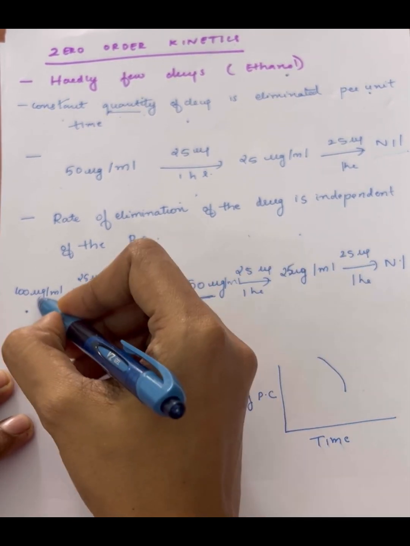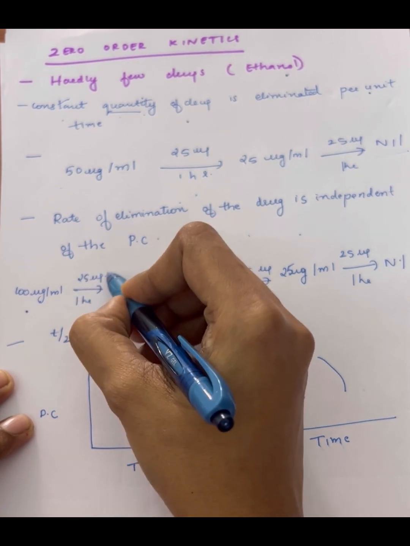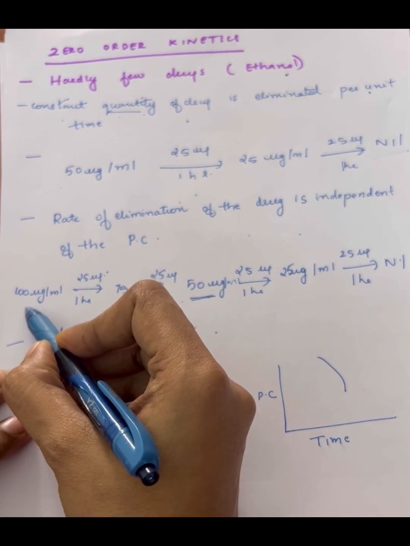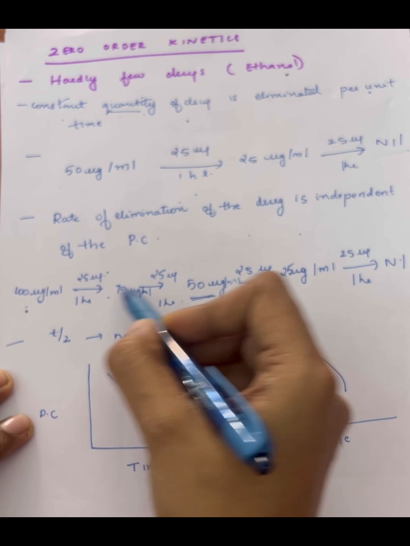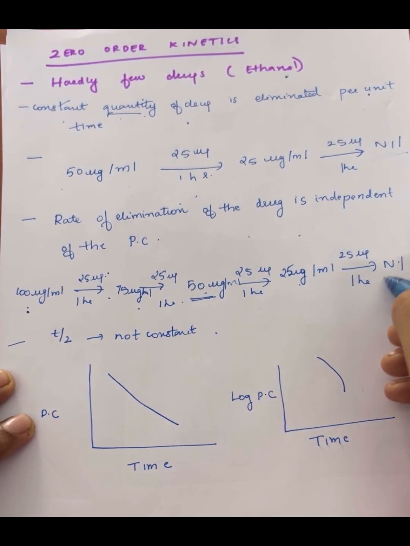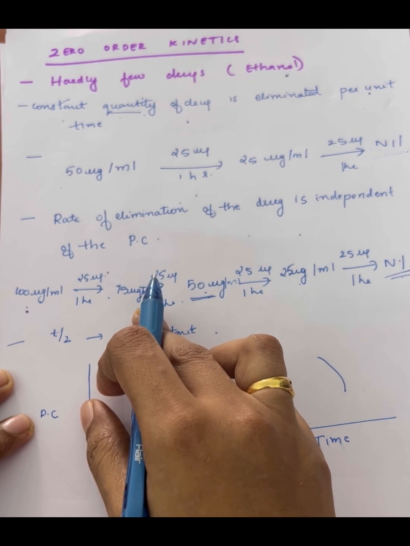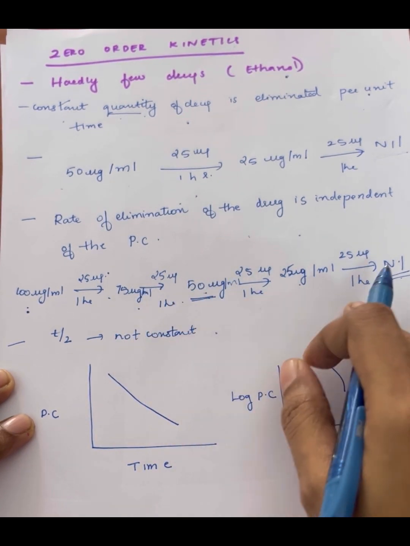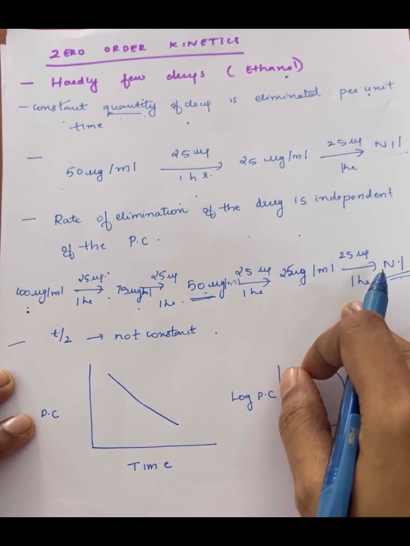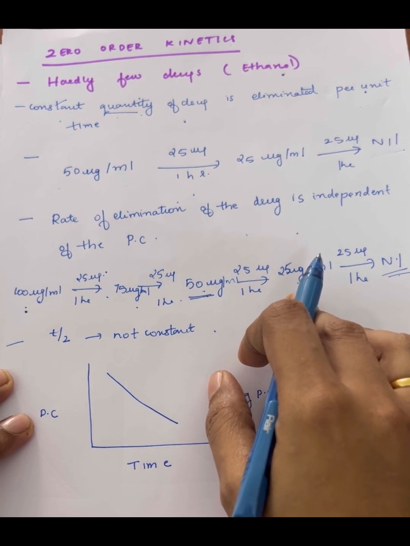So even if we increase the dose, the drug is eliminated in a constant amount. So 100 microgram will get reduced to 75 and then to 50, 25, and then it is completely eliminated. So here we can see that higher plasma concentration will also decline at a rate of 25 microgram per hour in the case cited here.